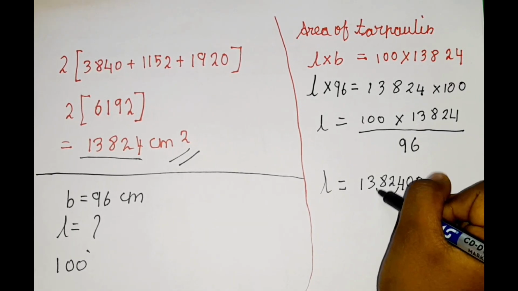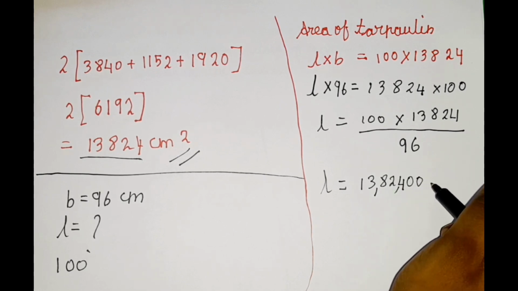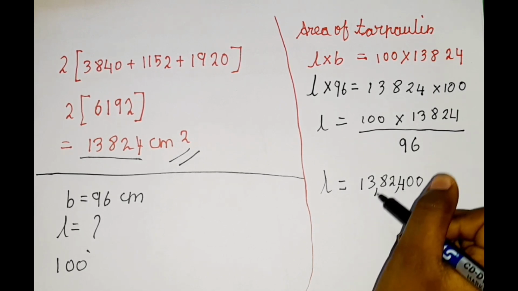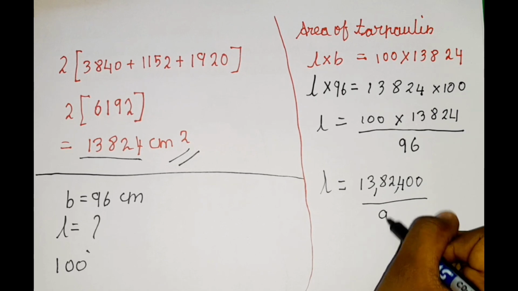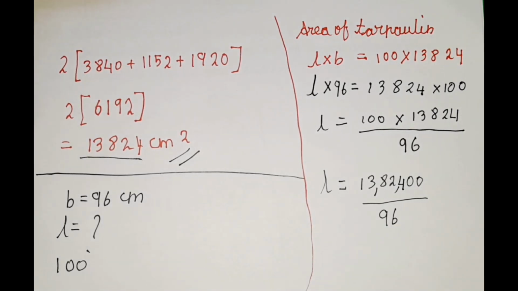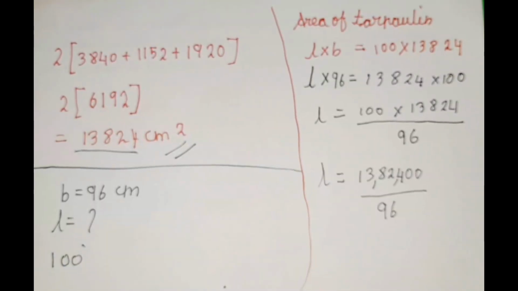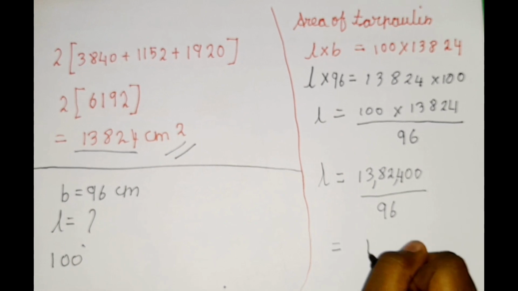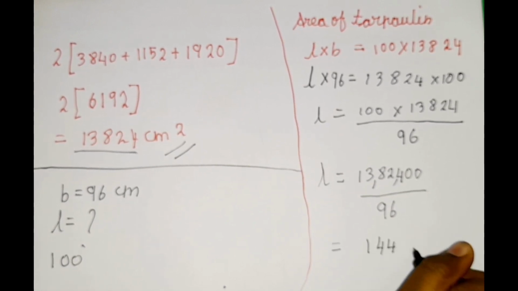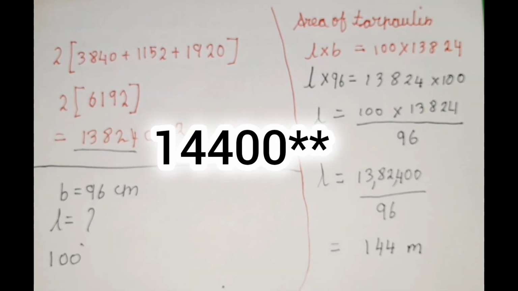So now what do we have? 13,82,400 divided by 96. So now we are going to be cancelling it. So now when we divide it, we will get the answer 144 meter, okay. So 144 meter, okay. So this is the answer.